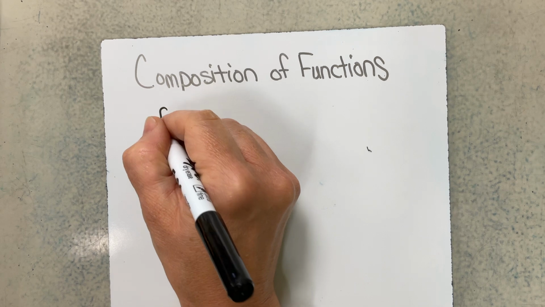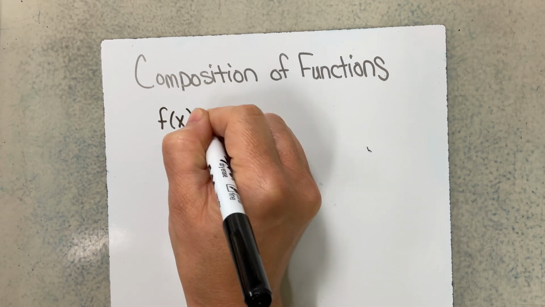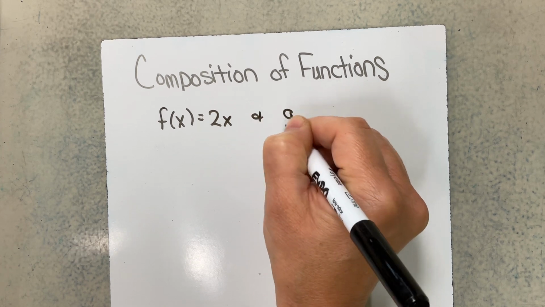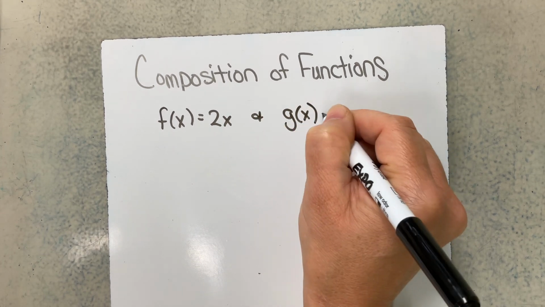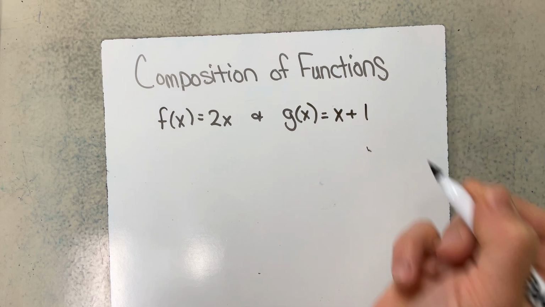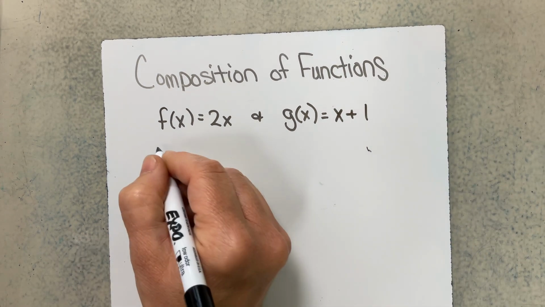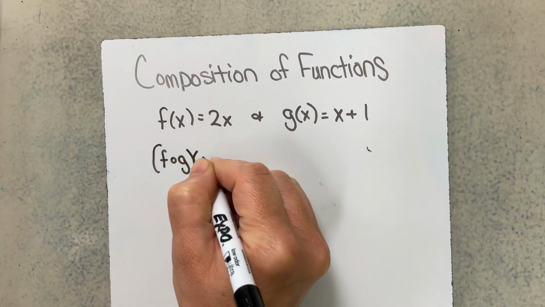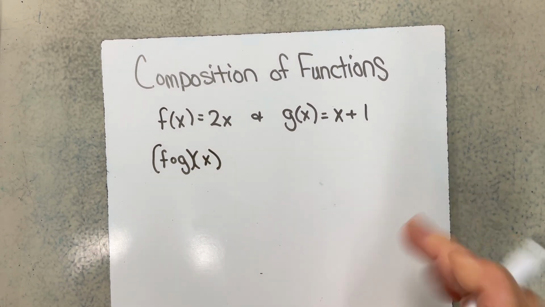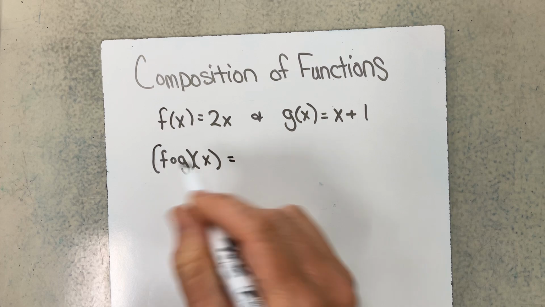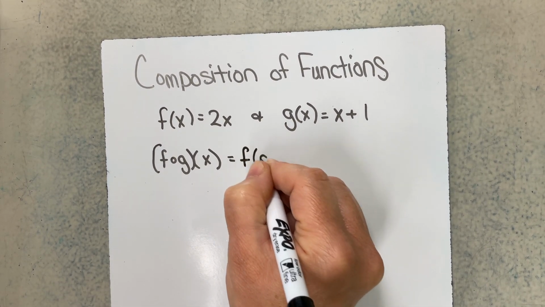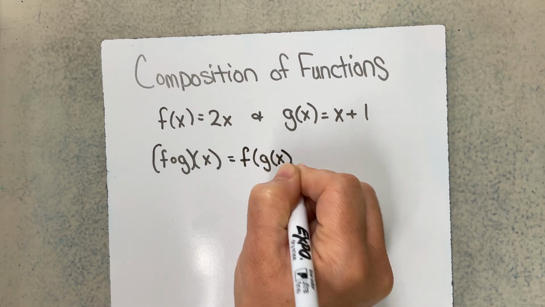Here's one. Let's look at if f of x equals 2x and g of x equals x plus 1. We're going to find f of g of x. Now, you can write it either way.